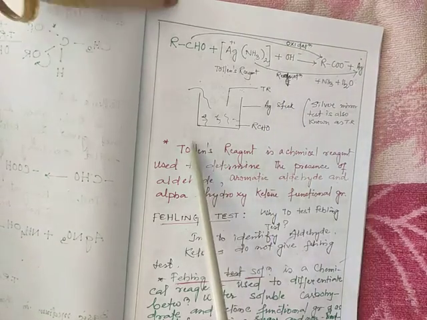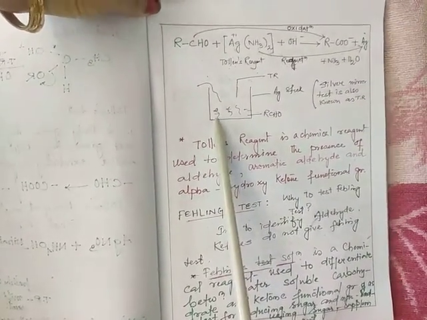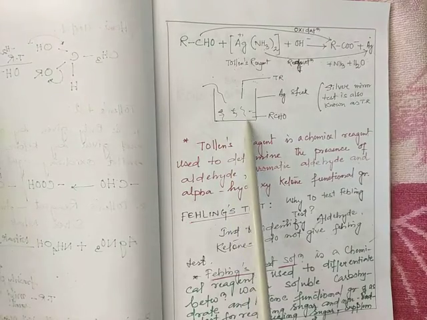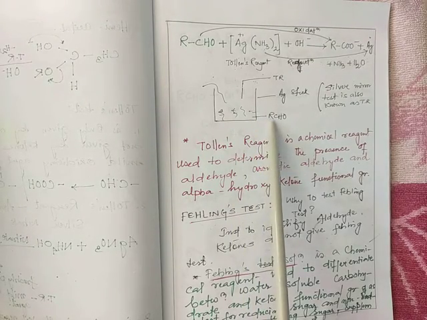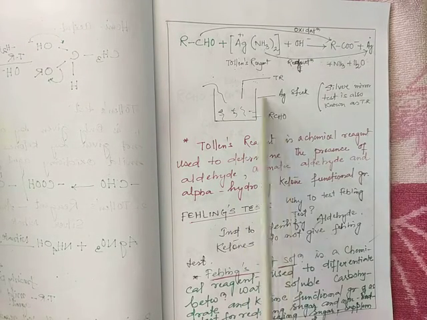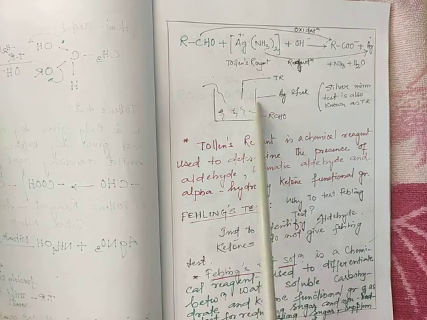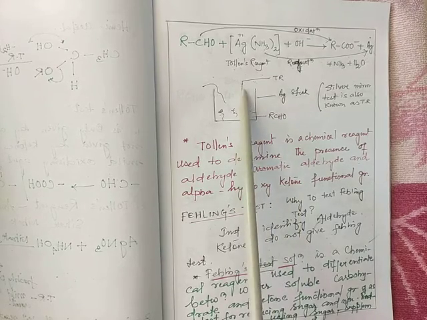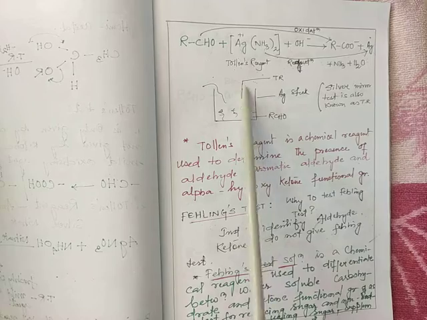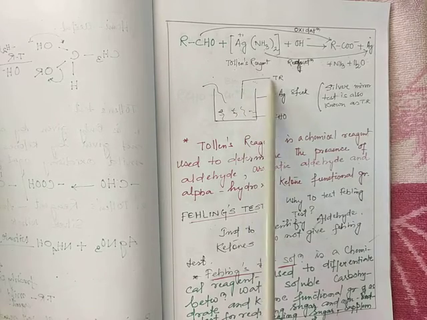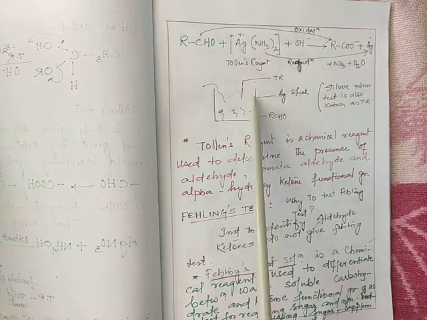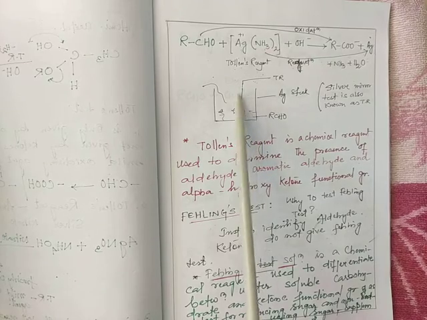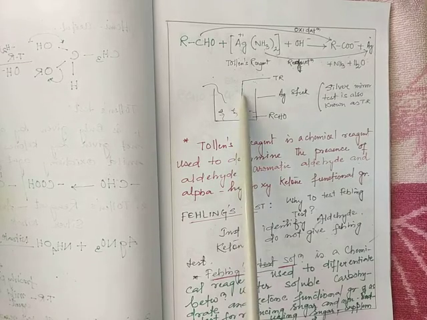Now here, if we are using one container, and in that container we use an aldehyde, and then another one, this stick, and in that one we have to put the Tollens reagent, and whatever is in that stick will form a silver mirror only.